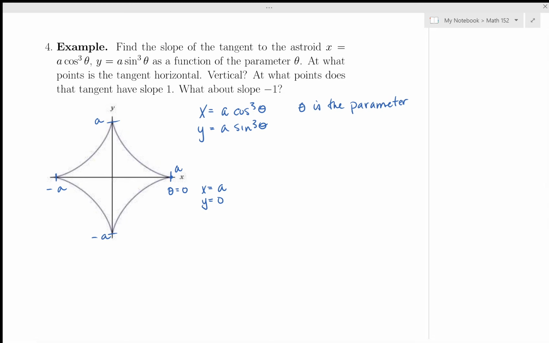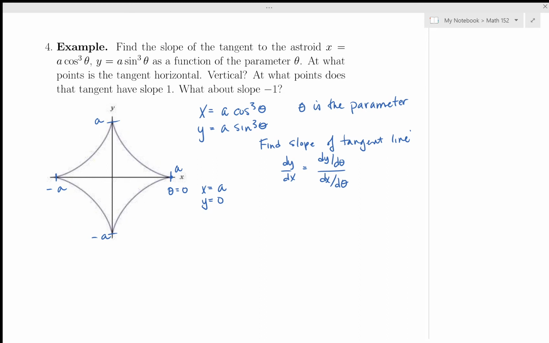All right, so we are going to find the slope of the tangent line. And the slope of the tangent line is dy by dx, and that is equal to dy by d theta divided by dx by d theta. Okay, that's the chain rule.